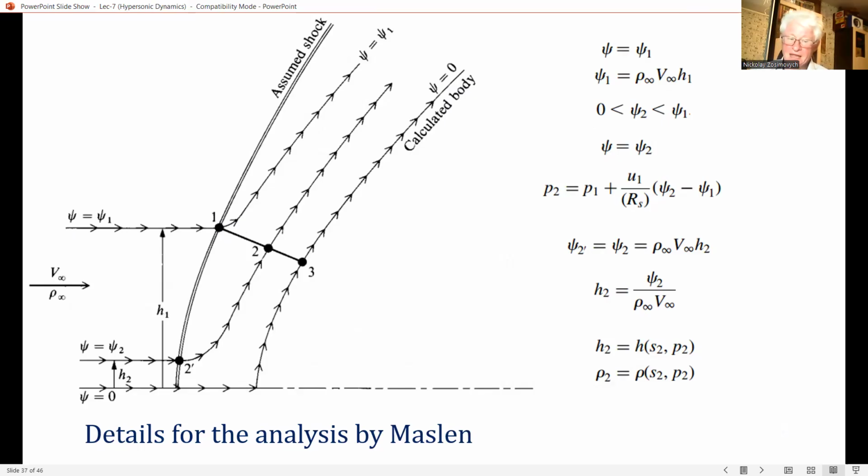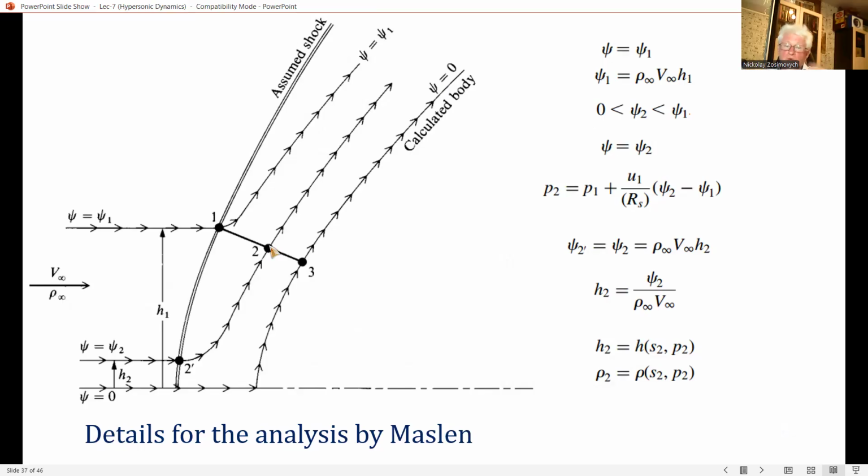Next, choose a value of psi2. It must be positive and less than psi1. This identifies a point 2 inside the flow field along the y-axis, as in this figure. So at point 2, we have psi equal to psi2.